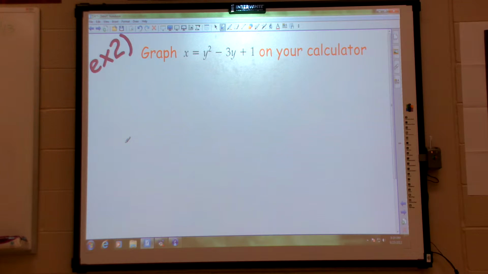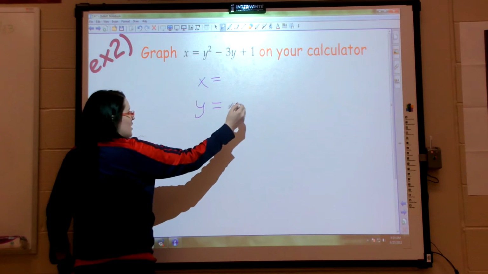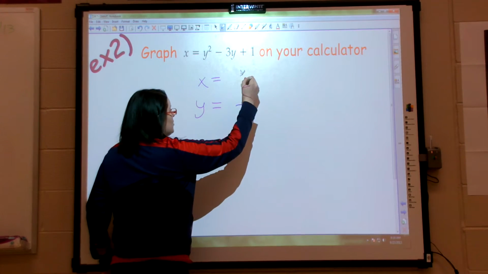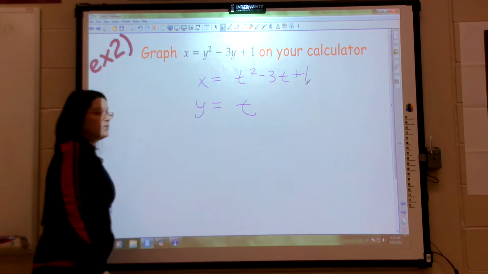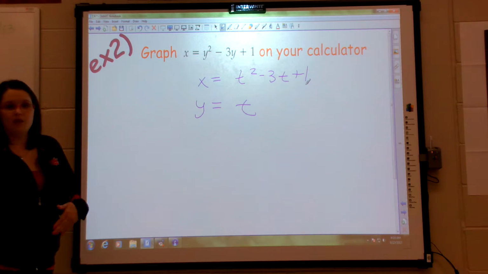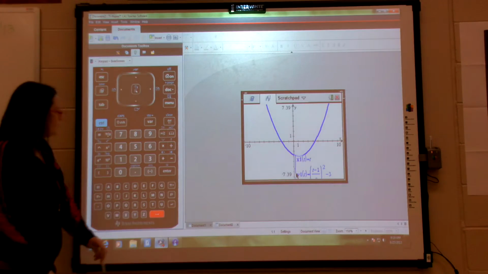This is exactly what we do later on in the year. I have to know what this graph looks like later on, so I'm going to graph in parametric mode. But first things first, what is your independent variable? Y. So let y be t. Then x will be t squared minus 3t plus 1. We're going to assume t goes from negative infinity to infinity. So let's graph it.